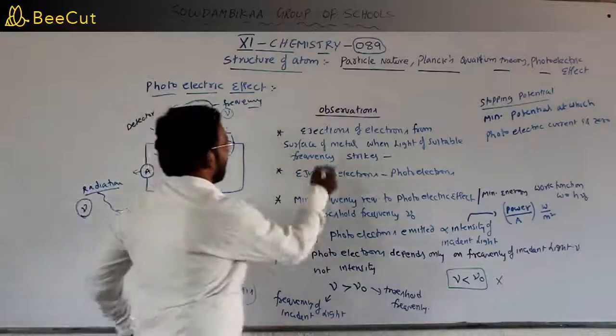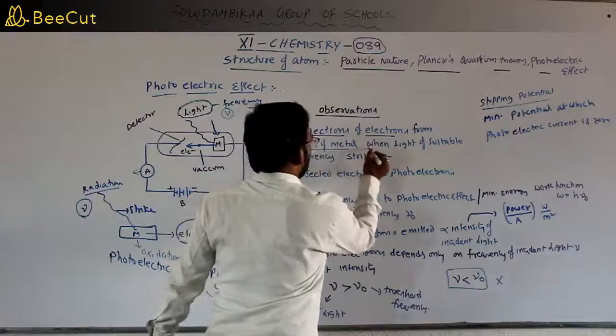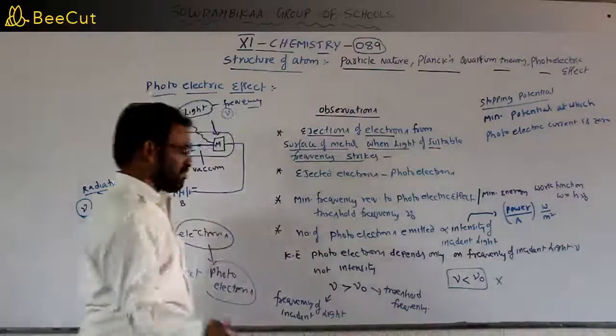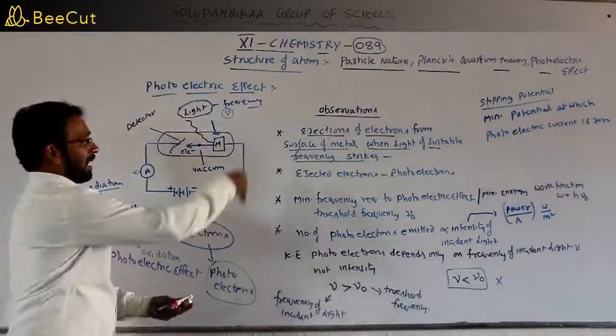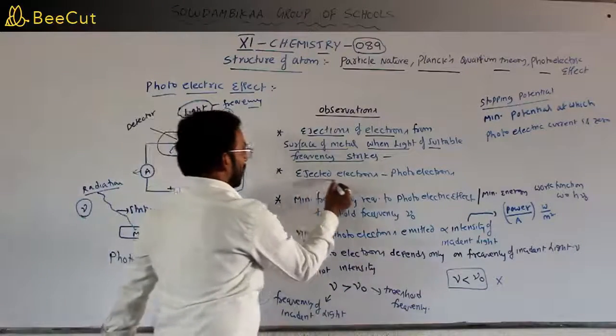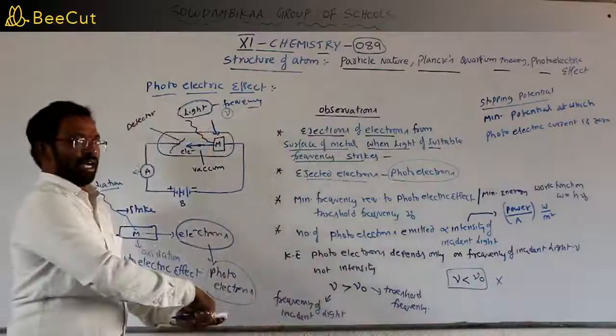First point: ejection of electrons from the surface of a metal when light of suitable frequency strikes. The same point we discussed here. We can make a note of it. Now, the ejected electrons are called photoelectrons.